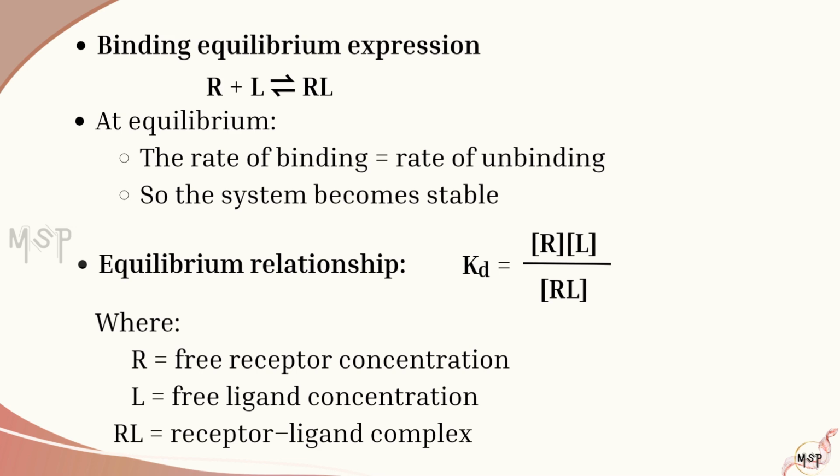In this case, the product is the receptor-ligand complex, RL. The reactants are free receptor, R, and free ligand, L. So the equilibrium relationship becomes: the dissociation constant is equal to the product of the concentration of free receptors and free ligand divided by the concentration of the receptor-ligand complex.